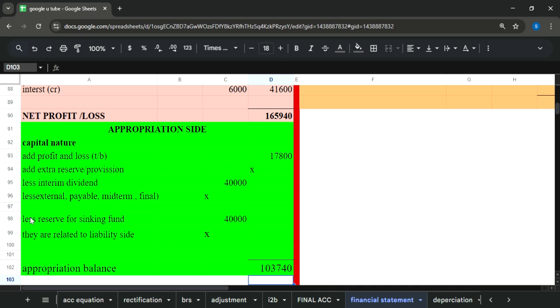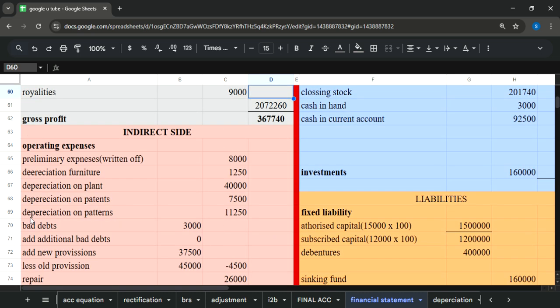This balance would be transferred to the fixed liability side, and we have written debentures over here. So let's transfer it downward, and here we will write appropriation balance.